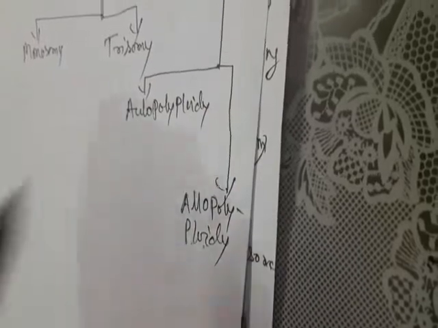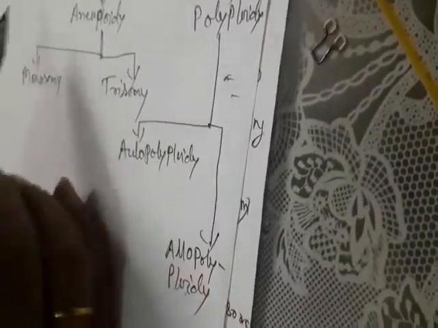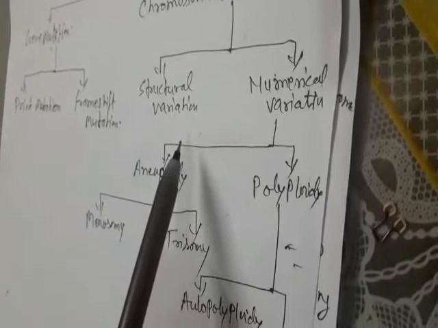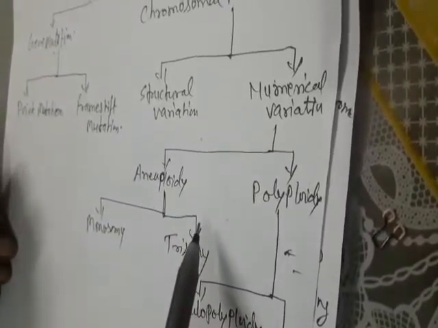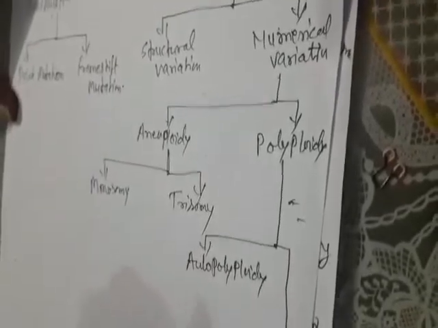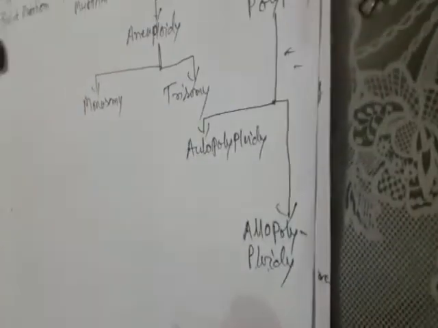Polyploidy is mostly seen in plants, but gene mutation or structural mutation is seen in animals. So here we know only the name and outline of the mutation. We discuss genetic disorders in human.